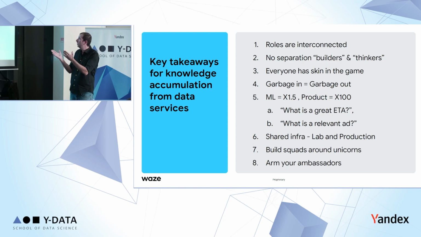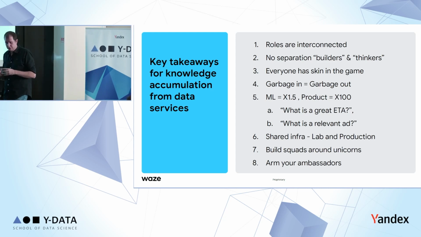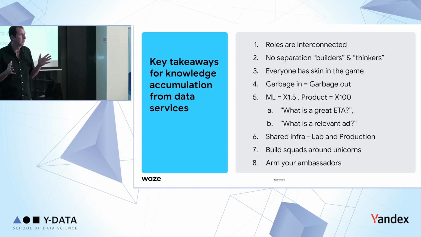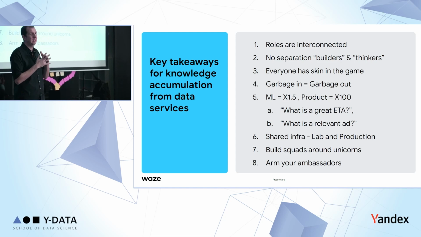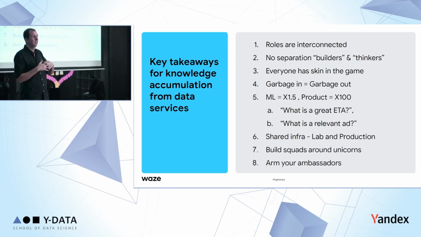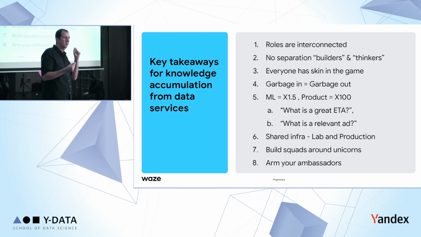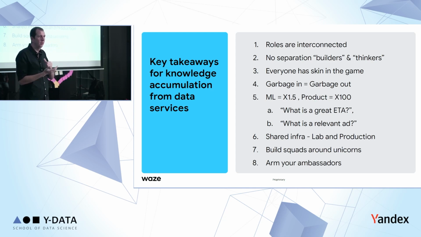So just a few key takeaways of what I've seen and how we've built the data guild at Waze. First, roles are interconnected. The data scientists need to be able to speak with the business analyst in the same taxonomy. Taxonomy is a word that I use a lot, but essentially, if you think about the knowledge graph of Wikipedia and what they maintain, those hyperlinks, that's the most important secret component of creating the culture.